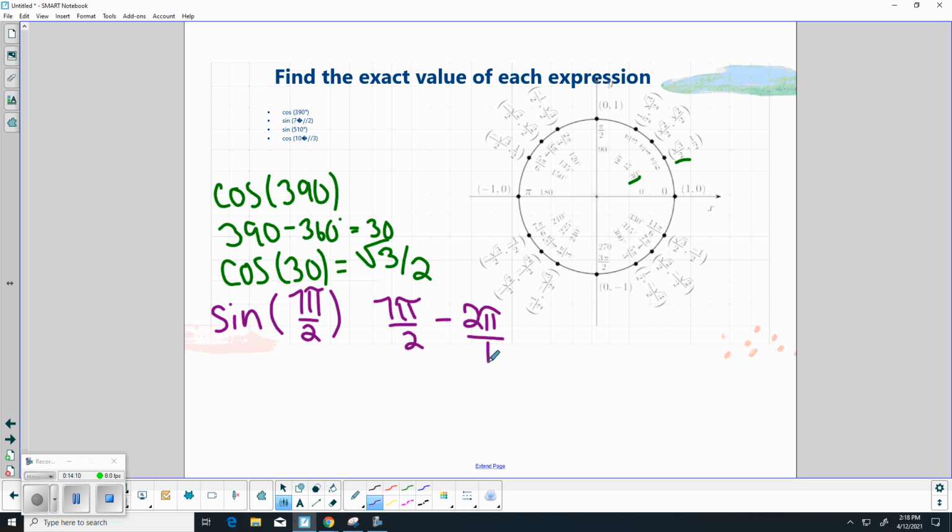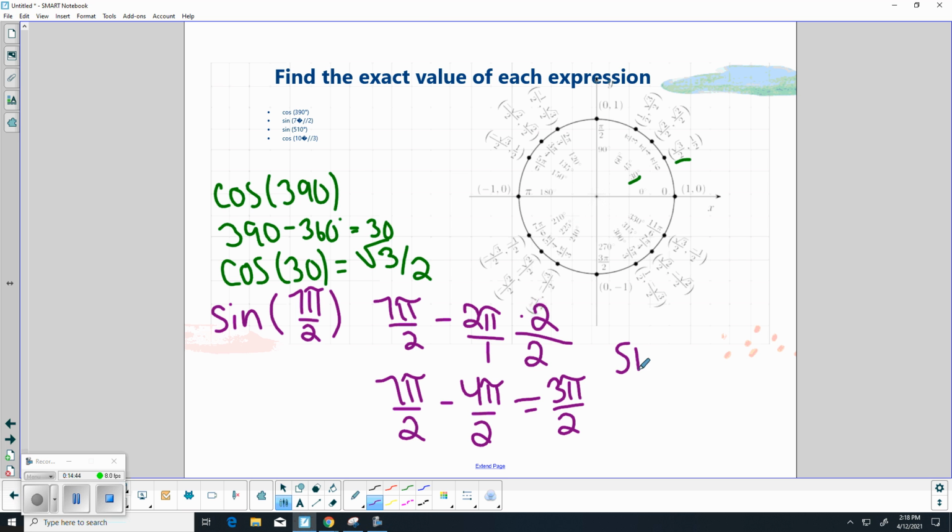So what that means is that we have to multiply 2 pi by 2 over 2, and that would equal 7 pi over 2 minus 4 pi over 2. We're left with 3 pi over 2. And we would plug 3 pi over 2 back in.